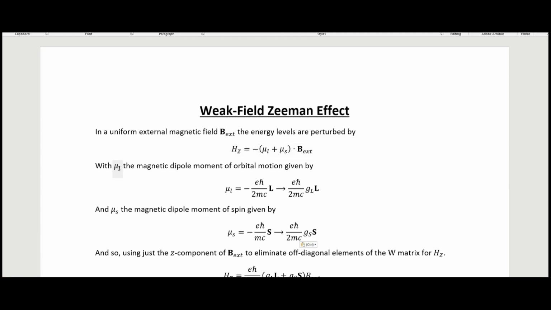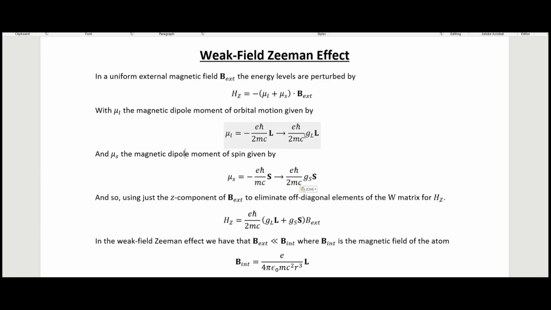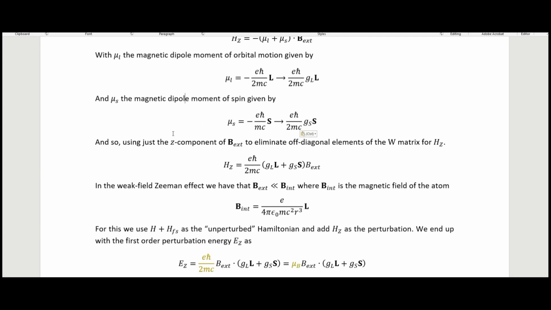We have this mu L and this mu S, which have to do with the magnetic dipole moment of orbital motion and of the spin. We will end up with these two terms here. When we put that into the Hamiltonian, we end up with this right here, where we have our G sub L and G sub S, which are our gyromagnetic ratios.